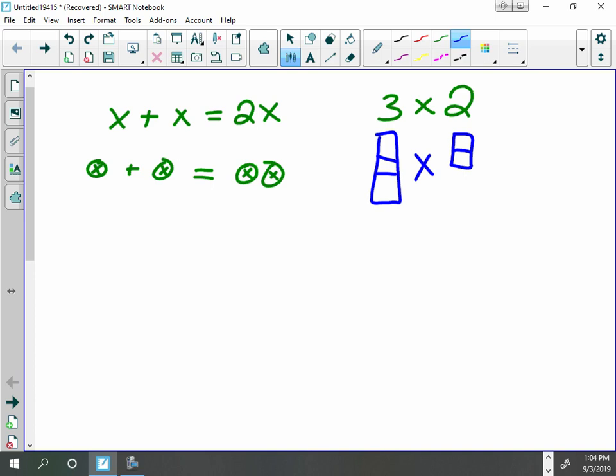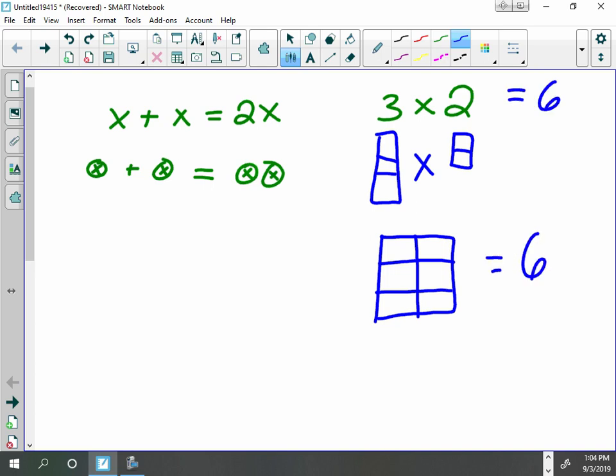So I have to build a box that has 3 on one side and 2 on the other, and I end up with 6. I sort of have altered what I'm looking at. I used to be looking at a single row of something, and now I have a 2-dimensional shape that has one of those numbers as its column and one of those numbers as its row.